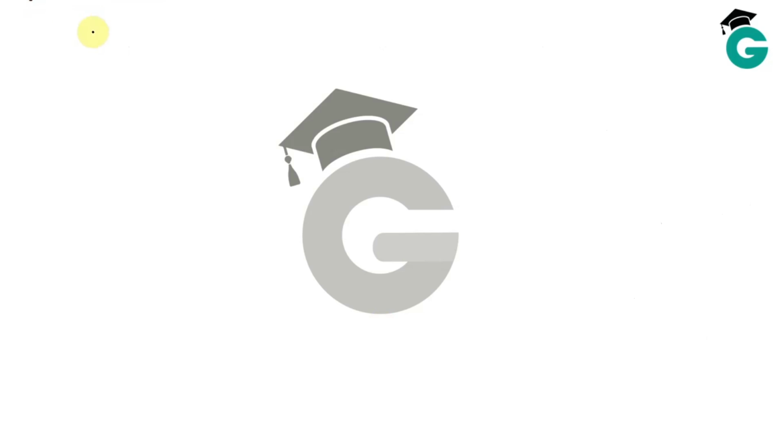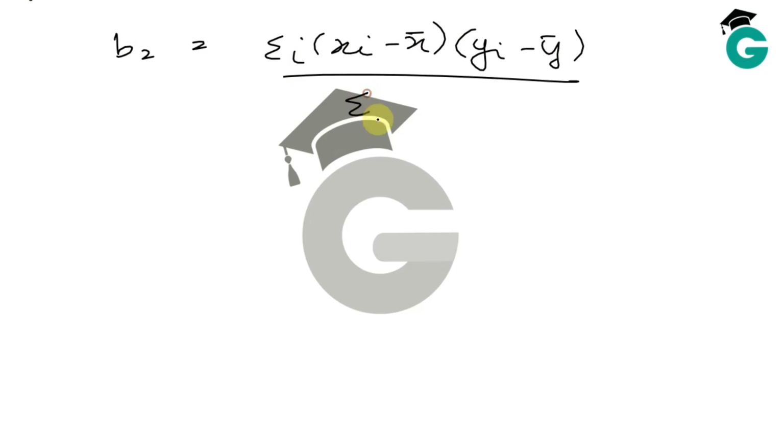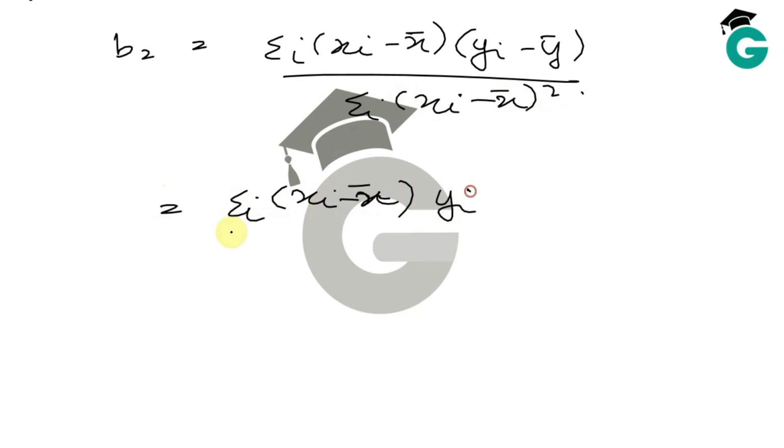So let's start with B2 once again. Now you know that B2 is nothing but summation i xi minus x bar into yi minus y bar over summation i xi minus x bar squared. So again, I can write this as summation i xi minus x bar yi over summation i xi minus x bar squared.